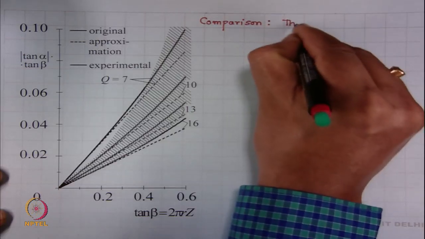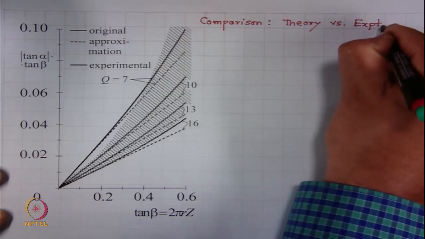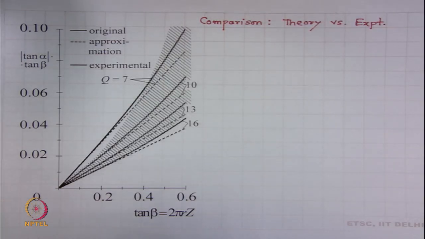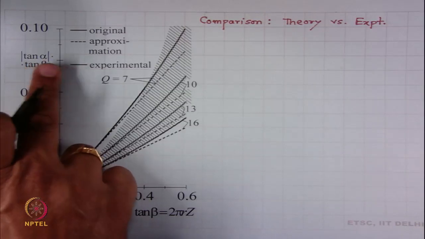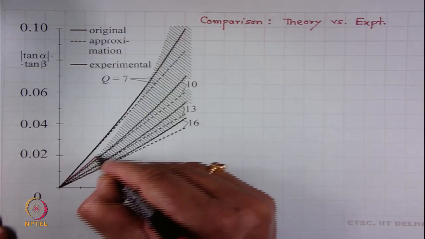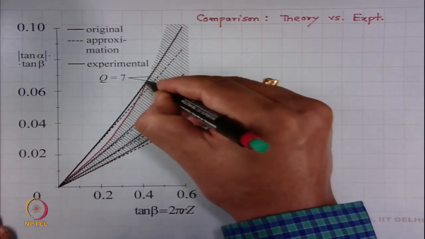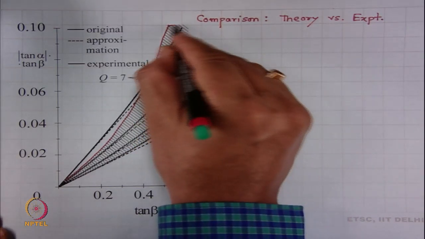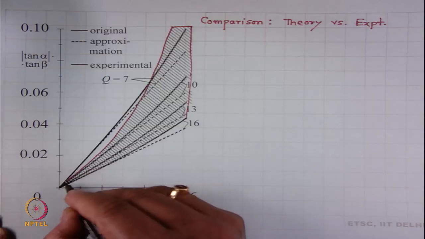What we see in this graph is that along the x axis, tangent beta times 2 pi r times z is plotted, and along the y axis, the absolute value of tangent alpha multiplied by tangent beta. So, this region is the same as in the comparison of Taylor's model. This is basically the experimental region, and all experimental data fall in this region.